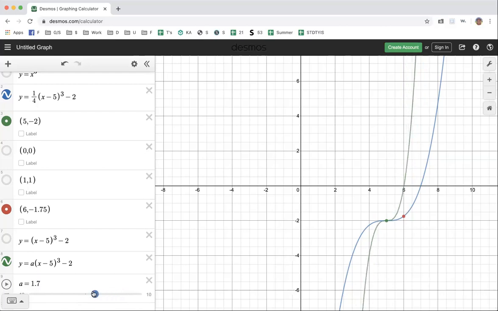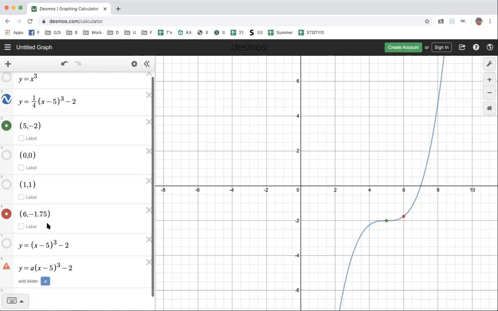As a gets below 1, it's shallow, and then notice as a gets below 0, then it flips. But we can tell, if this is a equals 1 here, we're obviously going for a pretty small number. You can see it's somewhere between 0.2 and 0.3. So if we just plugged in those points algebraically, we'd get a equals 0.25 or 1/4.